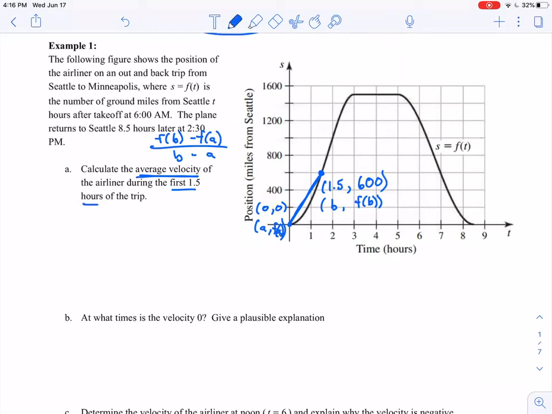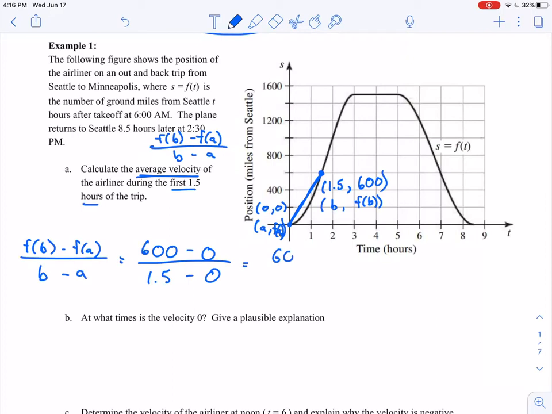So if I use this formula, f(b) minus f(a) over b minus a: f(b) is 600, minus f(a), that's 0, divided by b, 1.5, minus a, which is 0.